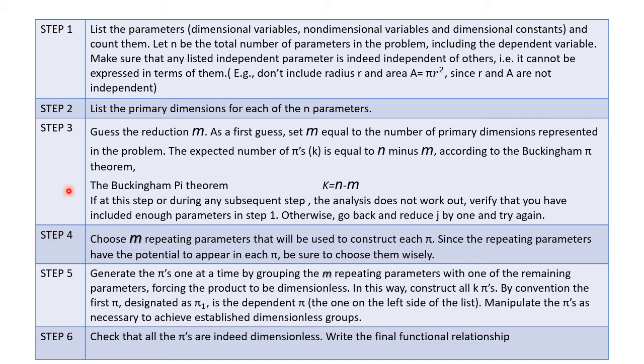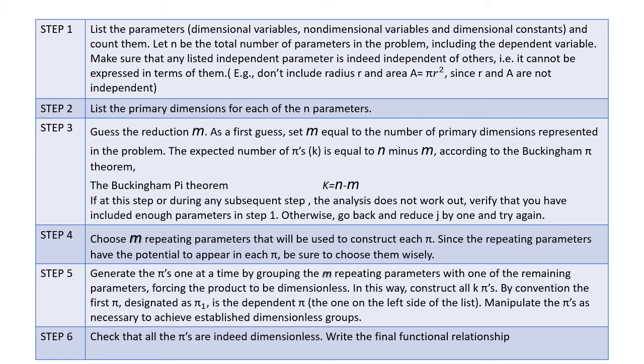Next is step 4, choose m repeating parameters that will be used to construct each pi term. Since the repeating parameters have the potential to appear in each pi, be sure to choose them wisely.